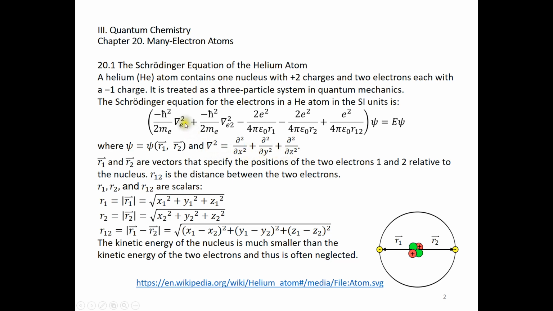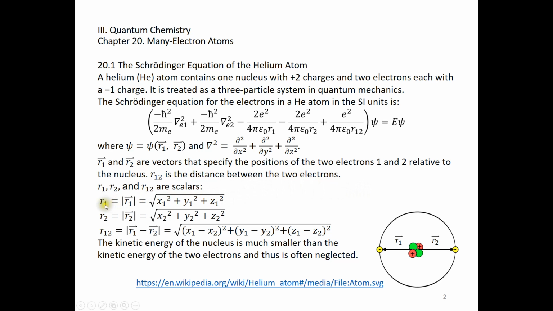We use this Laplacian for convenience because it's really easy for us to write out the kinetic energy operator for electron 1 and then for electron 2. R1 and R2 are the vectors pointing from the nucleus to the electrons. R12 is the distance between the 2 electrons.